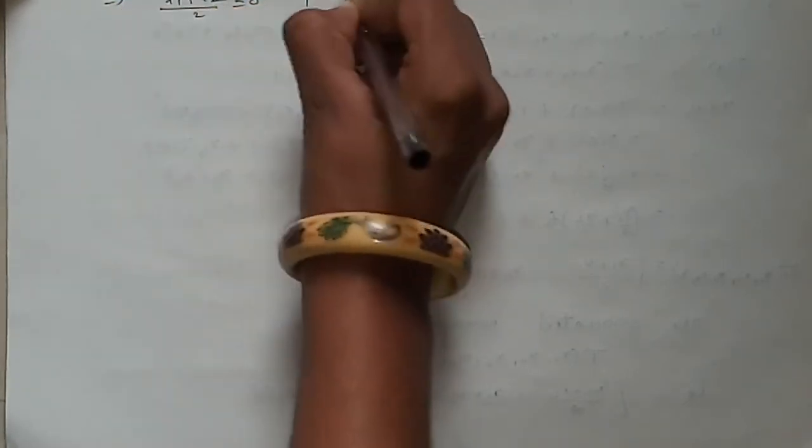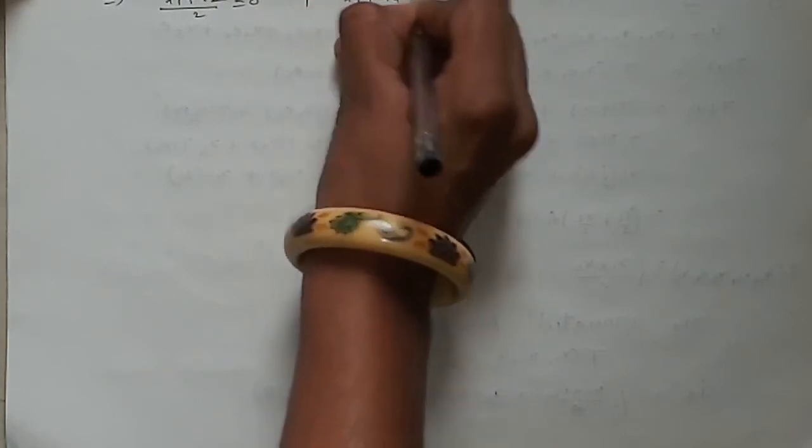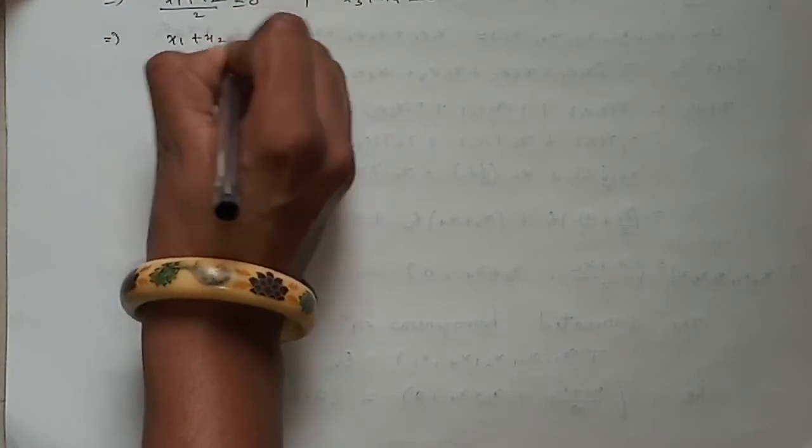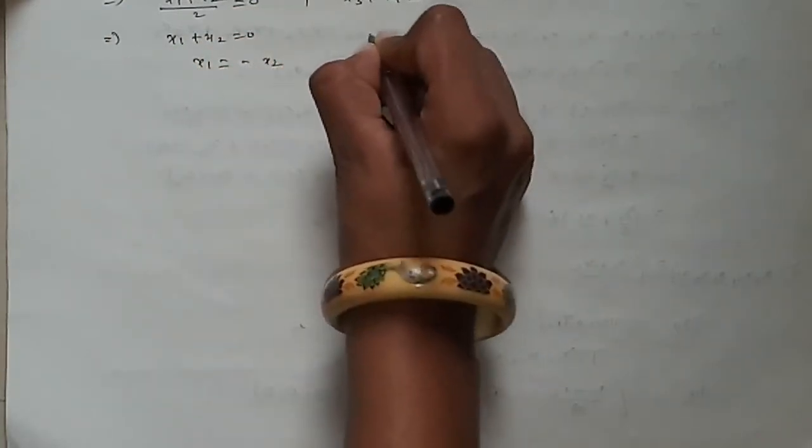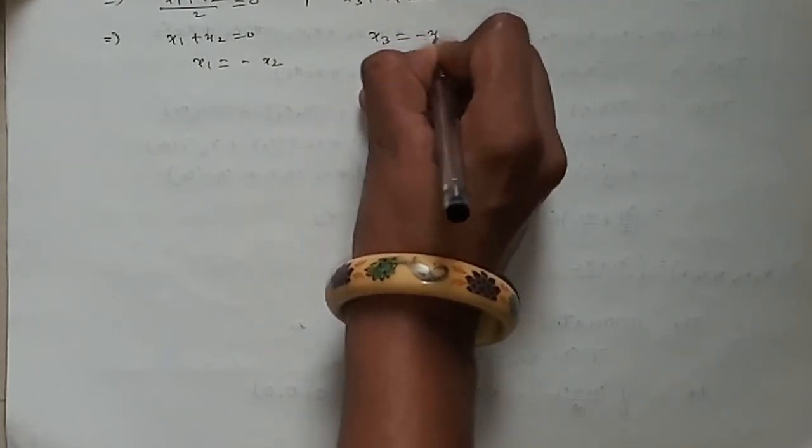Now this gives x1 plus x2 divided by 2 is equal to 0 and x3 plus x4 is equal to 0. This implies x1 plus x2 is equal to 0, or x1 is equal to minus x2. Here my x3 is equal to minus x4.